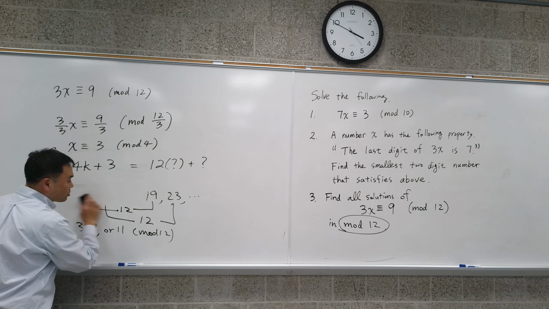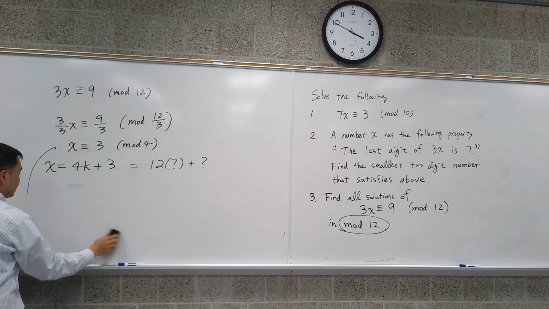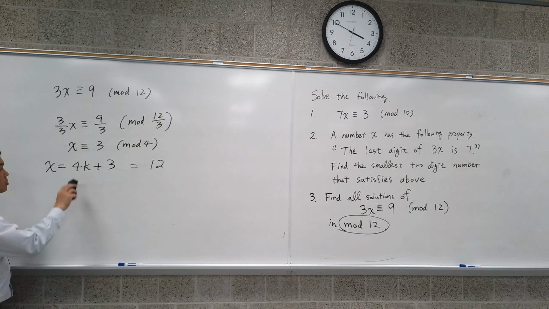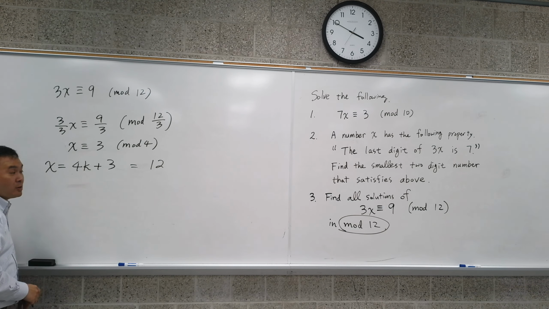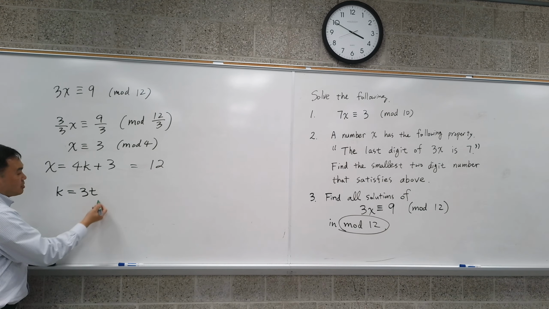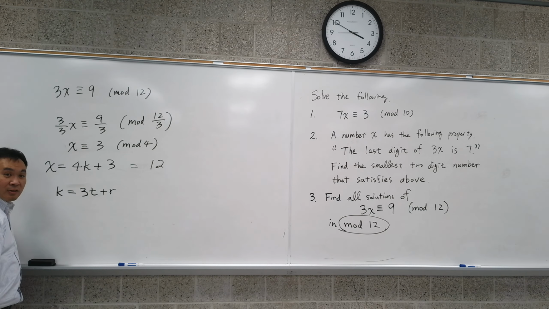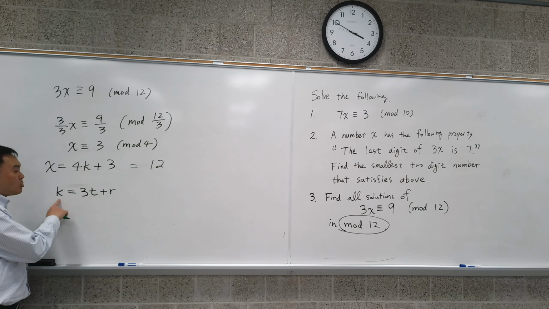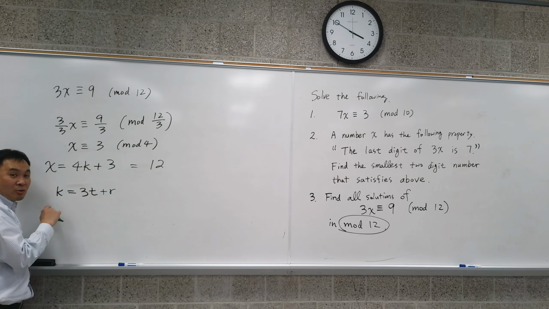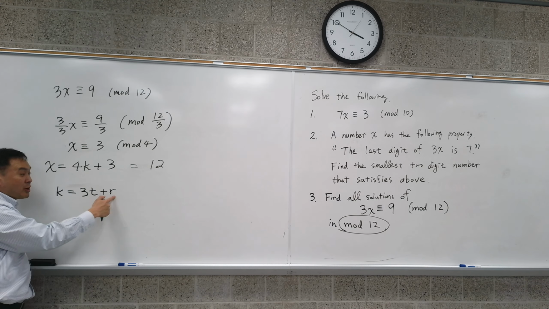A slightly more technical but more rigorous way of seeing this is to do the following. I want 12. So 4 times what gives me 12? 3. So you want to rewrite k as 3 times t plus something, right? But we don't know what k is. k could be any integer. And if you have 3t, what are the possible values for r? What are the possible remainders that you can have if you have any integer? First, it could be divisible by 3, in which case r will be 0.